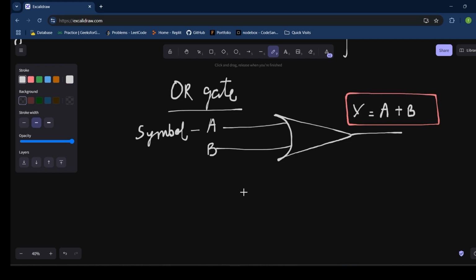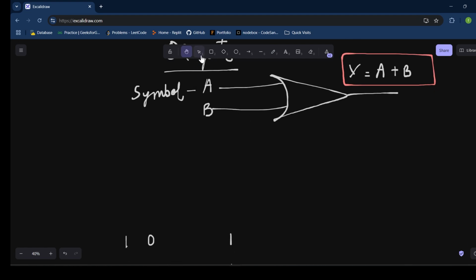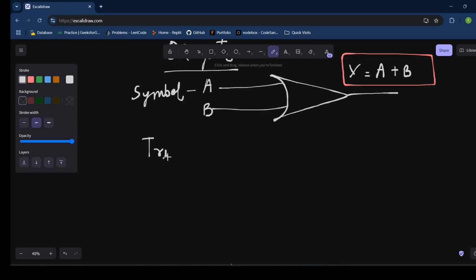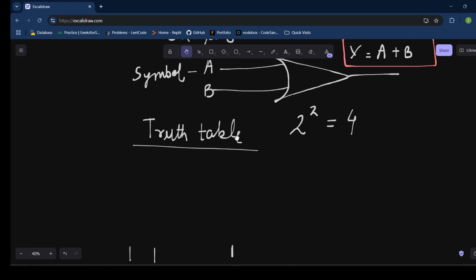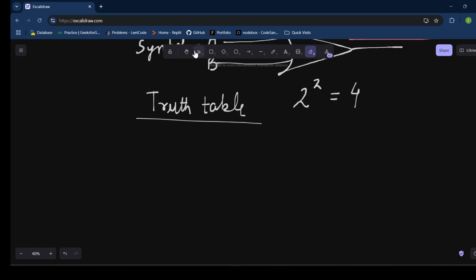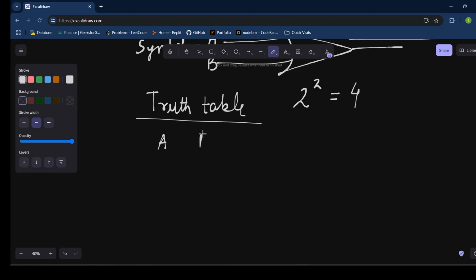And let's have the truth table of this OR gate. As the OR gate has two inputs, the combinations would be 2 to the power 2, that would be 4. So it will have A B, the two inputs, and the output.